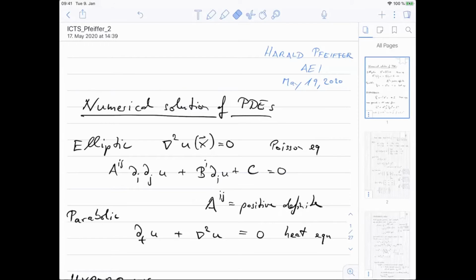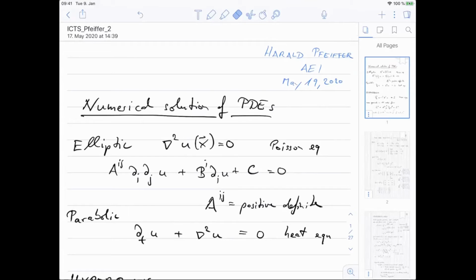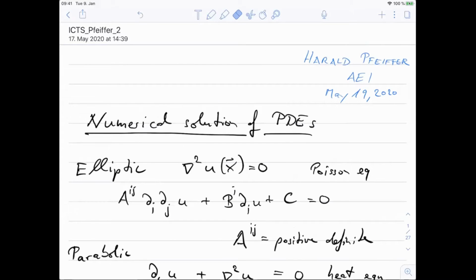Okay, but before getting there, let me first continue with a little bit more detail on hyperbolicity and boundary conditions and similar topics that were brought up yesterday as well.